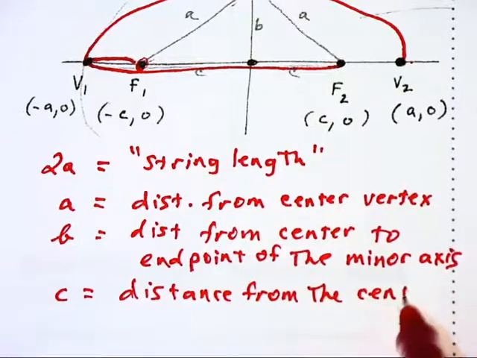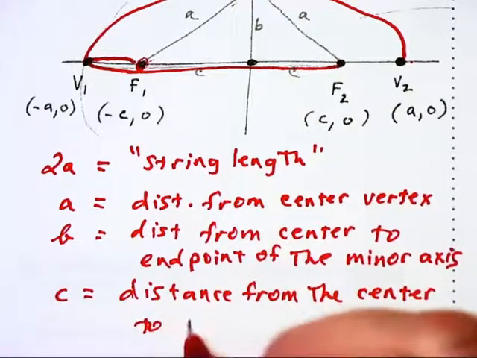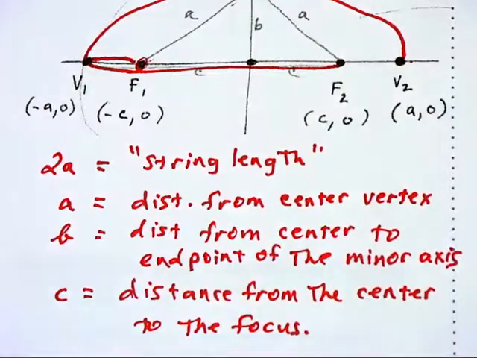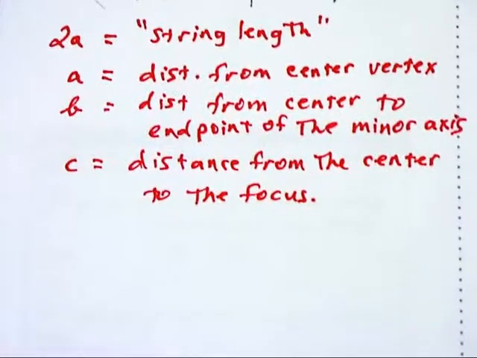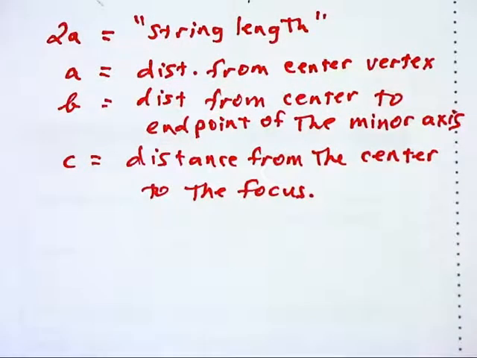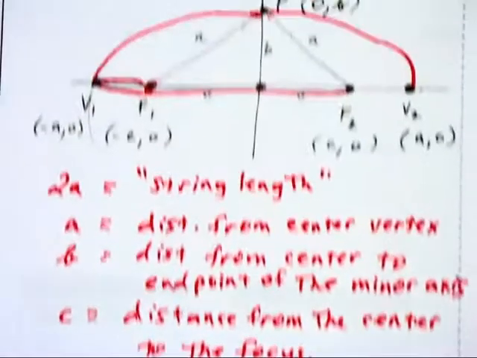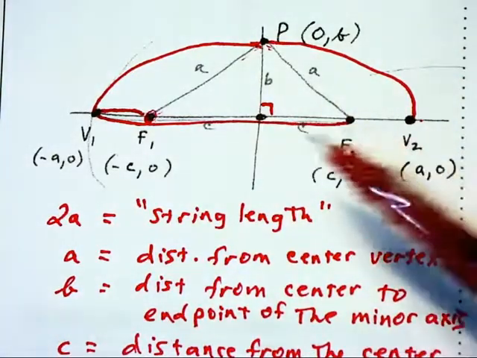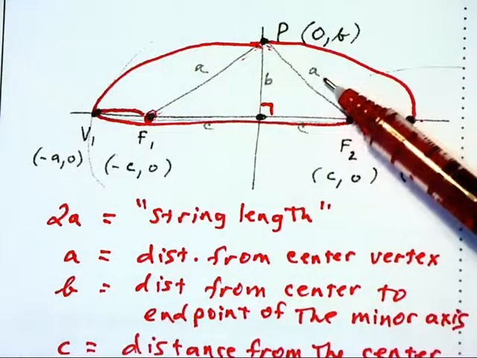Okay, so this is a lot of writing here, but it's essential that you understand what each of these variables represent. Now let's do a little bit of mathematics based upon the right triangles that you have here. You know that the Pythagorean theorem applies, and instead of having C be the hypotenuse, we have A as the hypotenuse.